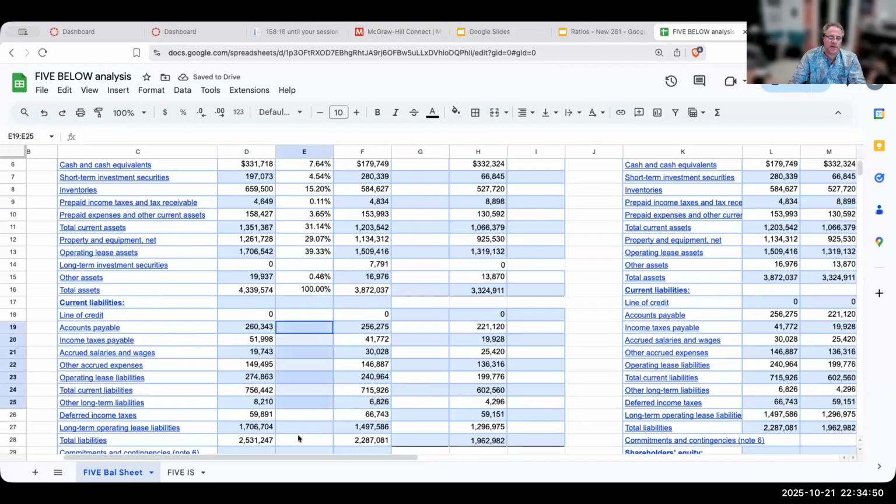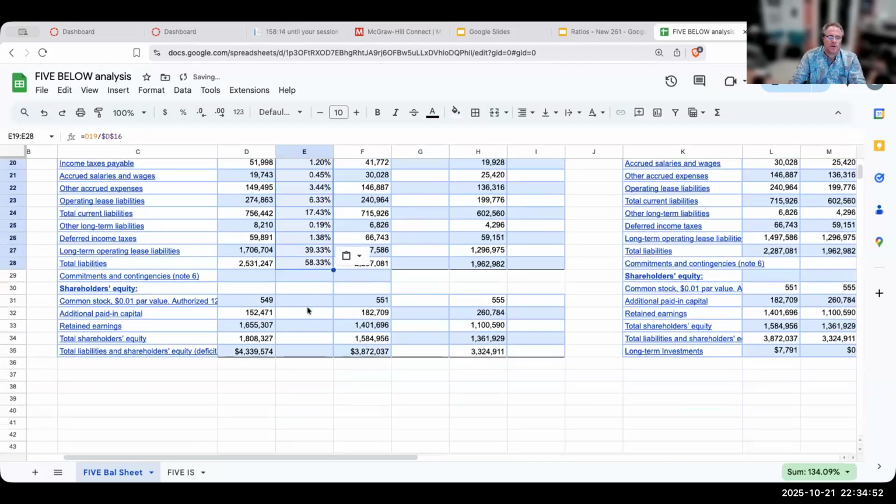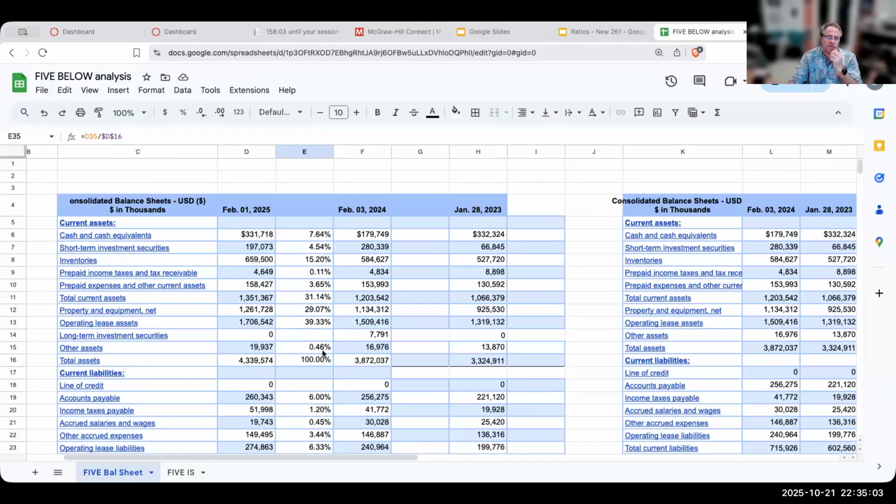I'm showing assets and liabilities as a percentage of total assets, right? So this is how we make a common size financial statement.